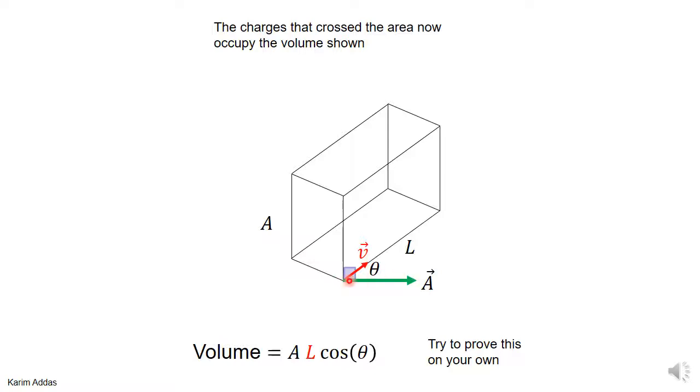The area vector is perpendicular to the area, and the velocity is at some angle in the same direction as the side of this volume. So you can always write L as v delta t, and then the volume will be A v delta t cosine theta. It's exactly the same as before, but we've multiplied by cosine theta.